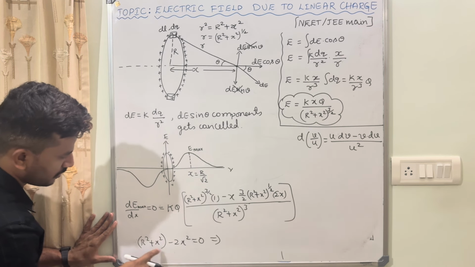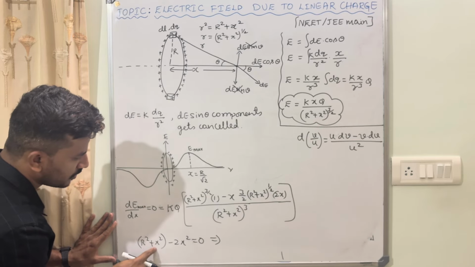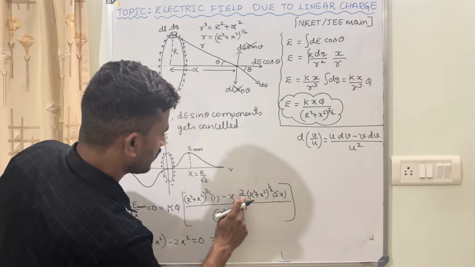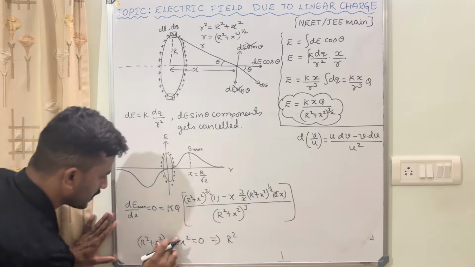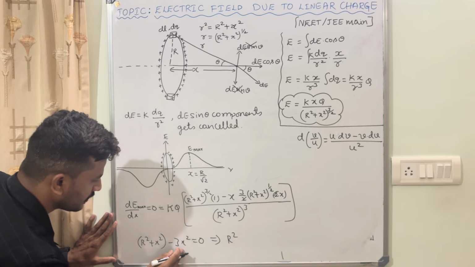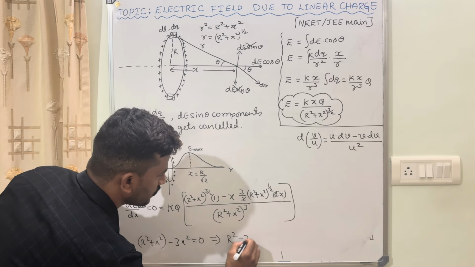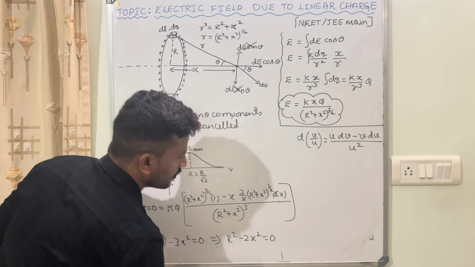If we solve this further, minus 2x square plus x square is just x square, and the 2 gets cancelled, so 3x square, minus 2x square, is equal to 0.